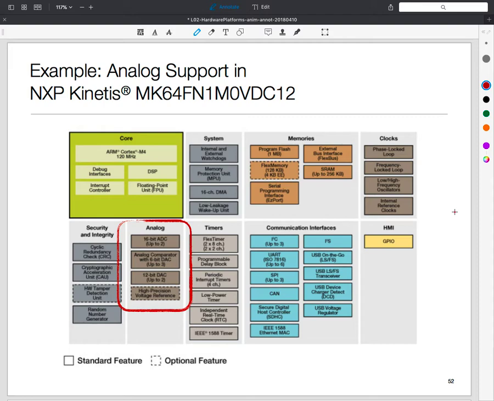It has 12-bit DAC, again up to 2 of them, and it has a second type of ADC. It also has some analog compatibility, so some other stuff in it, but for our purposes, we have up to 2 16-bit ADCs, up to 3 analog comparators, and 2 12-bit DACs. So that's the analog side of the story.